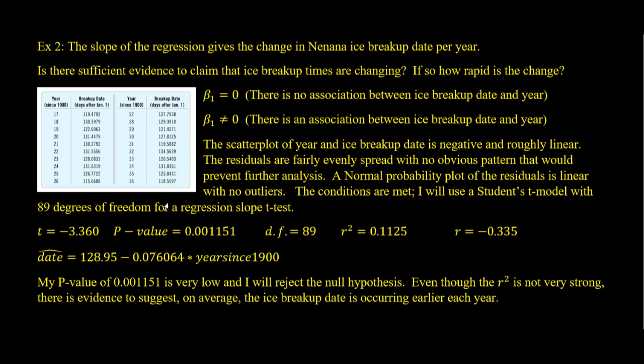So how much earlier? Let's do a confidence interval. Before we can find the confidence interval, I need to find T star with 89 degrees of freedom.